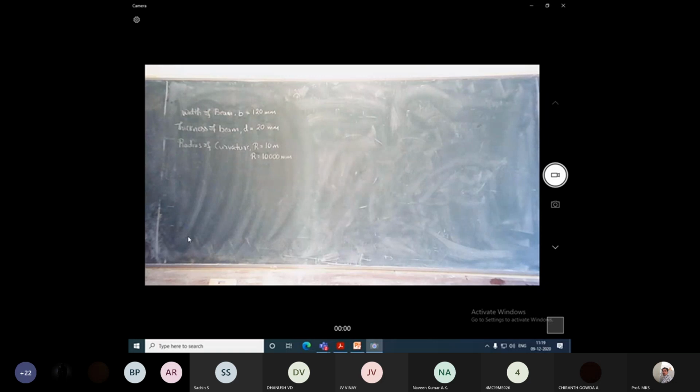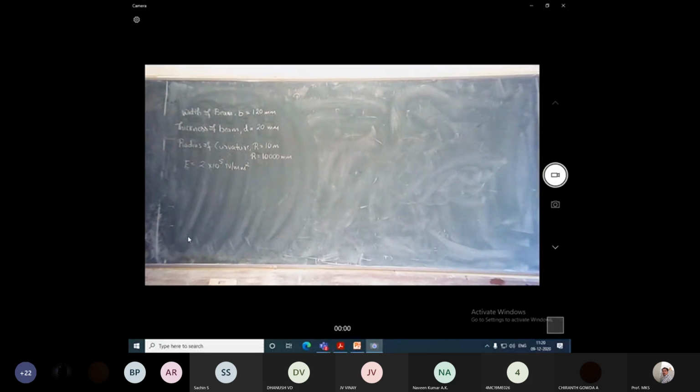So meter to mm. Next, at last they have given the modulus for the material, that is E, Young's modulus. How much? 2 into 10 to the power of 5 Newton per mm square. So these are the given things.